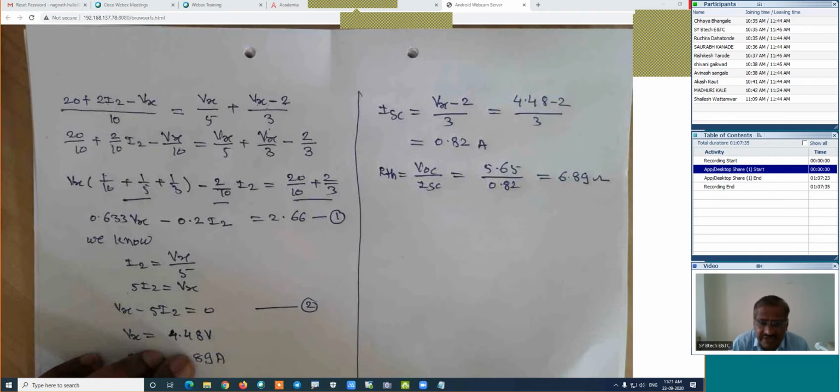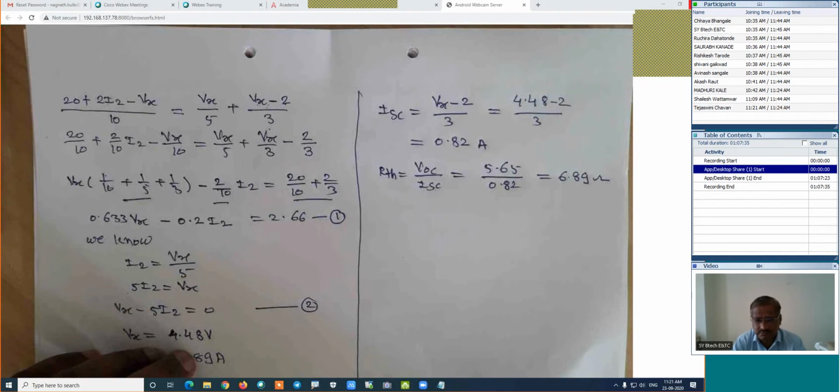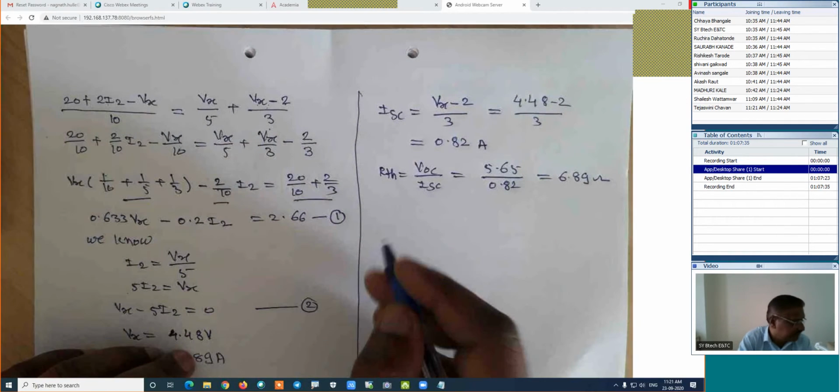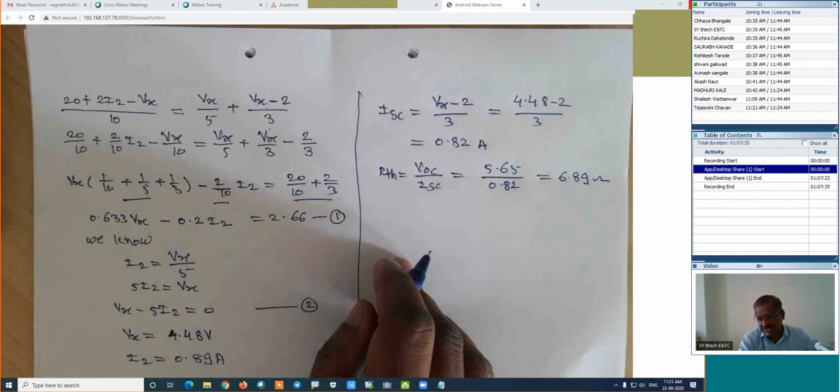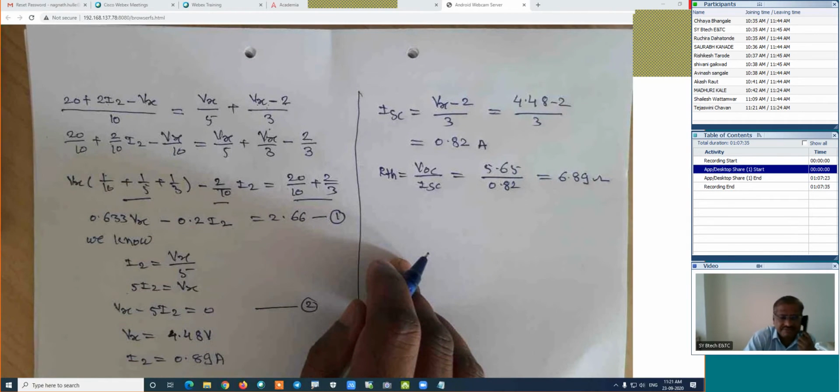Now, if we know the VTH, yes, Akash, correct? Yes. Now here in this case, if we know the value of VTH and RTH, then we can calculate.